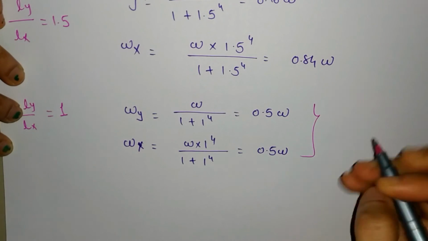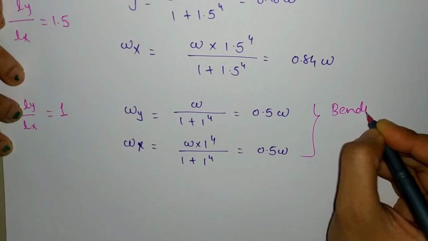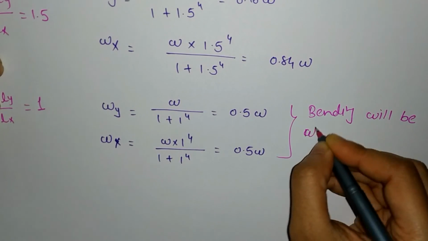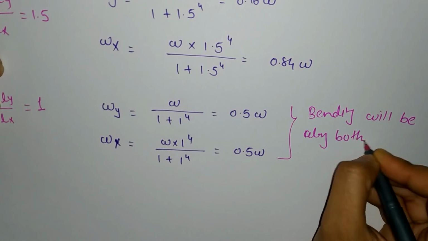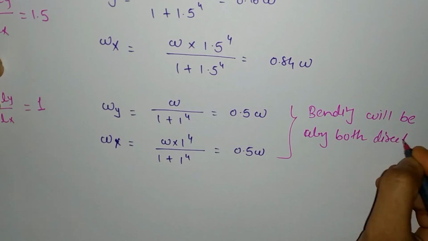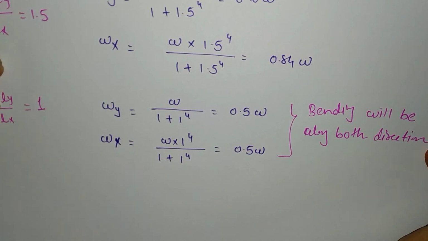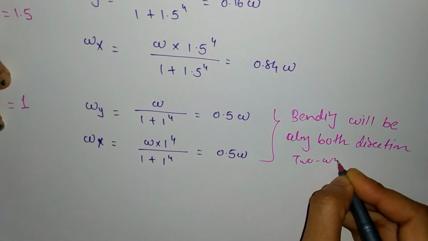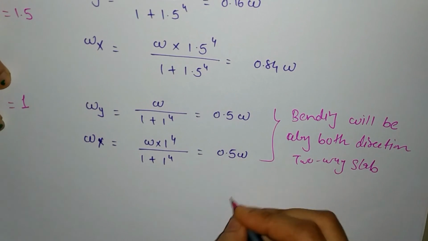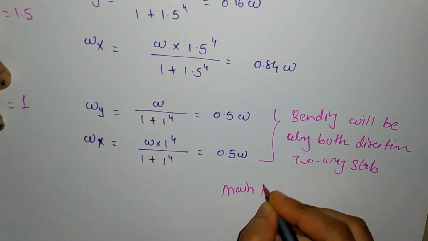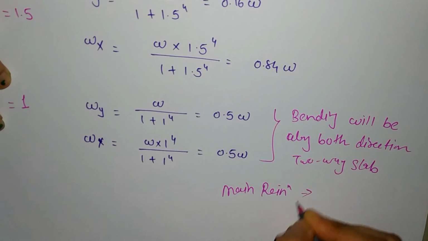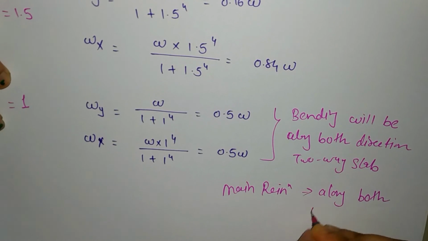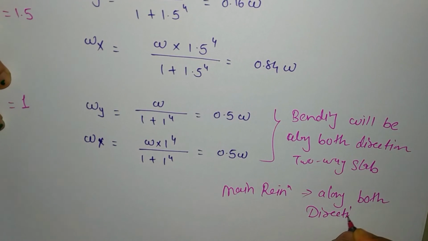Why? Because the bending will occur along both directions in a two-way slab. So when bending occurs in both directions, we consider it a two-way slab, and we provide main reinforcement along both directions.